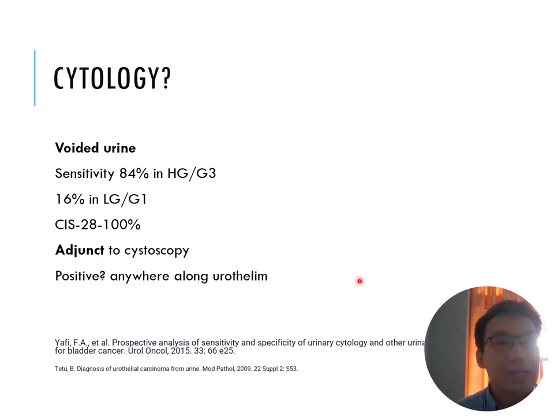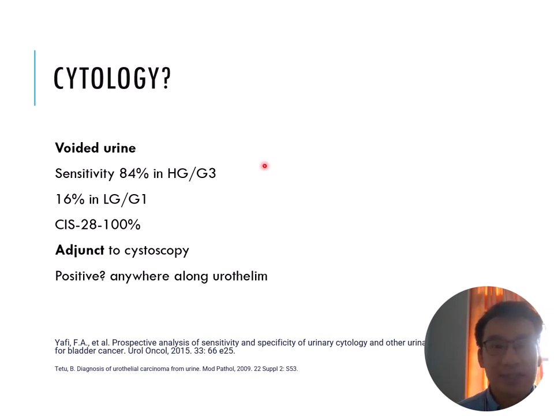Is there any other modality that we can use to detect bladder cancer, even before bladder imaging or cystoscope? For voided urine cytology, the sensitivity is 84% in high grade or grade 3 non-muscle invasive bladder cancer. If it's a low grade NMIBC, it is only positive in 16% of patients.